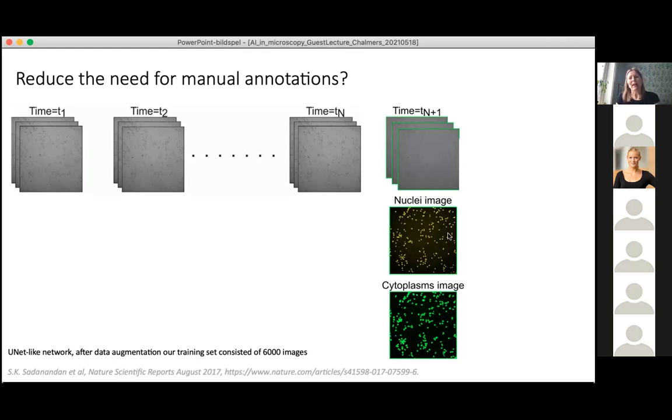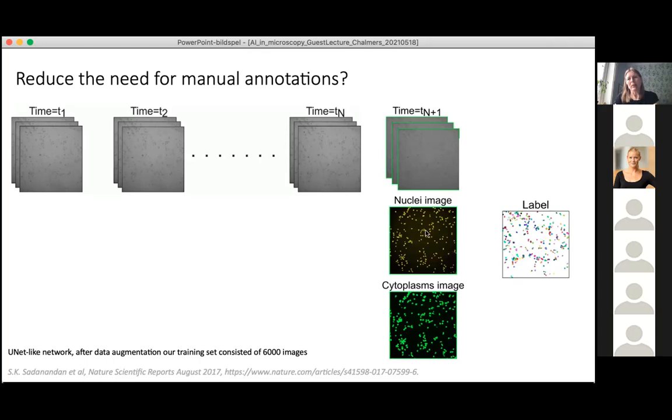And here you can imagine that it would be super easy to use a classical approach to find individual cells, because they're super bright against a dark background. And that's exactly what we did, using CellProfiler, which is this open source image analysis software that is quite widely used. So then you get the labels of all the cells.